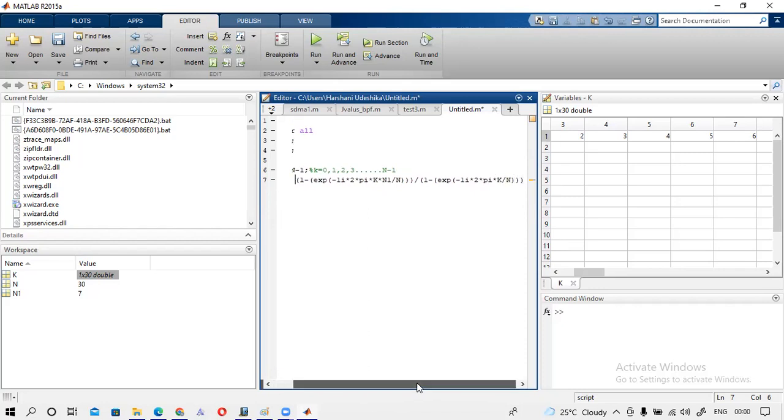If you run this, you will have only one value, because here we still didn't put the for loop. So maybe this k will be 0. If I put 1 here and run this, let's see what happens.